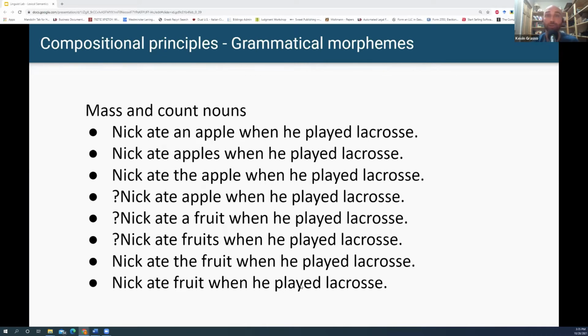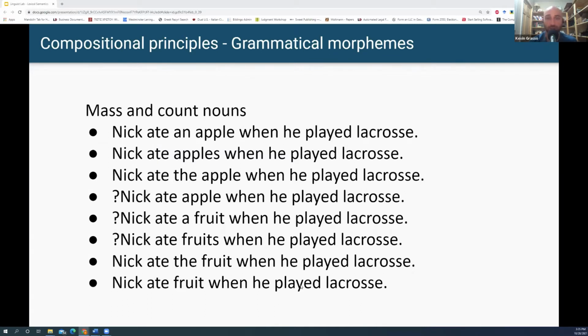Nick ate the fruit when he played lacrosse. Perfectly fine. Nick ate fruit when he played lacrosse. Again, perfectly fine. So it's interesting here, right? We have the bare singular, without the article, without the indefinite article. Nick ate fruit when he played lacrosse.